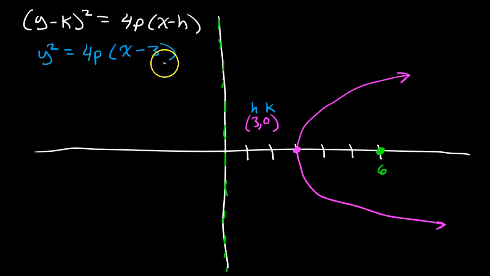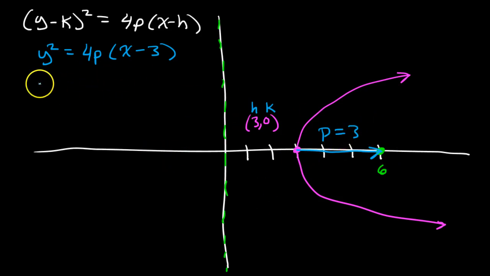So all we need is the p-value to complete the equation. Well, the p-value is the distance from the vertex to the focus, including the sign. So the p-value is positive 3 because from the vertex to the focus, we're going 3 to the right. If it had been to the left or down, it would be a negative 3.